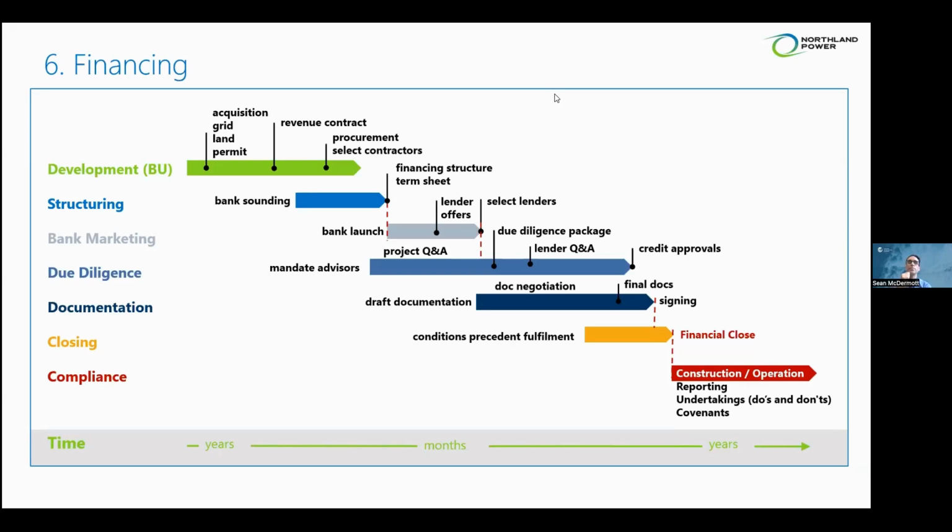If something happens between when the foundation has been installed and the tower and turbine above it, whose responsibility is it to fix it? Is it the foundation supplier? Is it the turbine supplier? So there's an entire process of working with lenders to go through the array of suppliers that we put together and understanding where risk allocation lies.